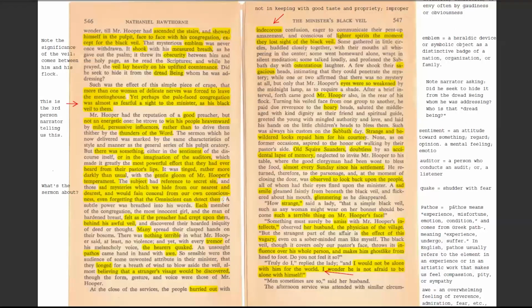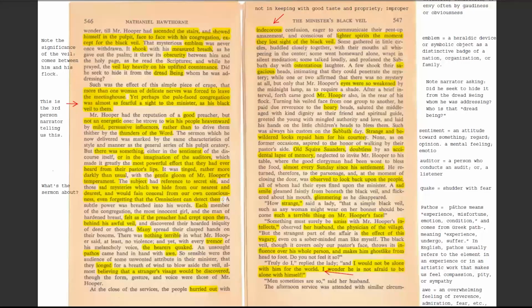So he's talking about secrets. Do we have secrets from each other? Of course. Do we keep secrets from each other? Of course. Should we keep secrets from each other? Of course. Well, maybe not, right? This is what we're going to talk about throughout this story, because that's the subject of his sermon.